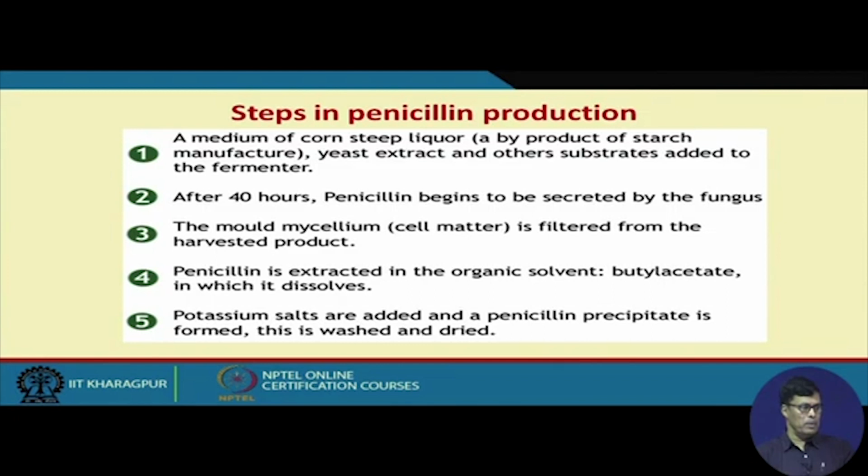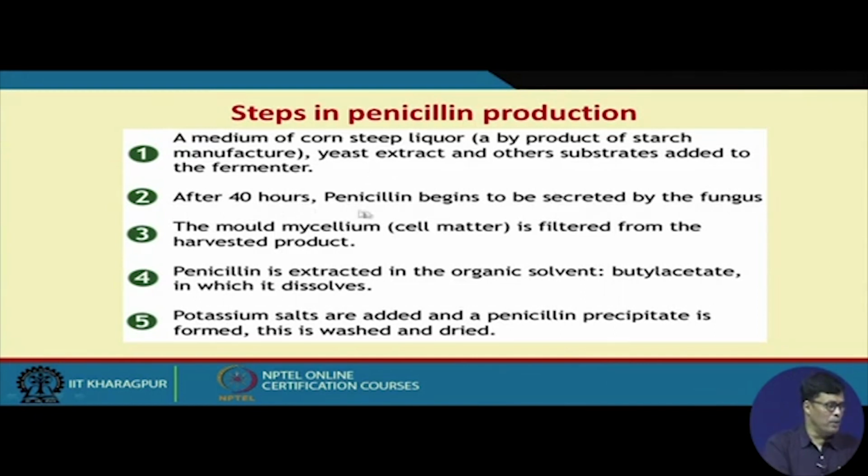Complex media means the composition of the media is not well defined, as when you use any kind of natural product. Corn steep liquor is produced from corn, and yeast extract comes from yeast. If either of these two substances is present in the media, we can consider the media a complex media, because the composition cannot be defined properly.